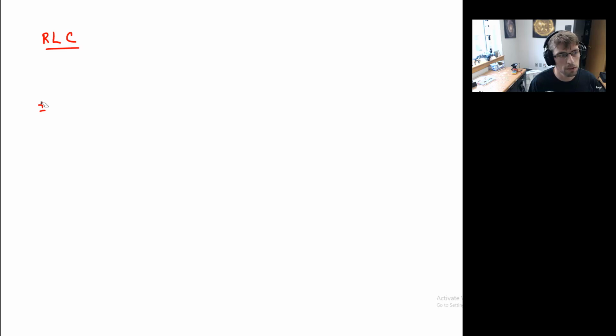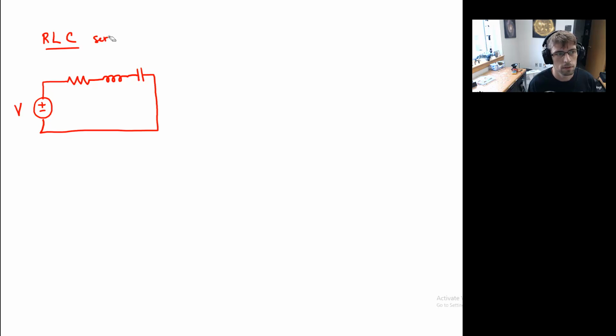We'll start off with a potential supply V. Let's do an RLC circuit where everything is in series. And what do we want to do? Let's go ahead and solve this circuit for the current running through the circuit.